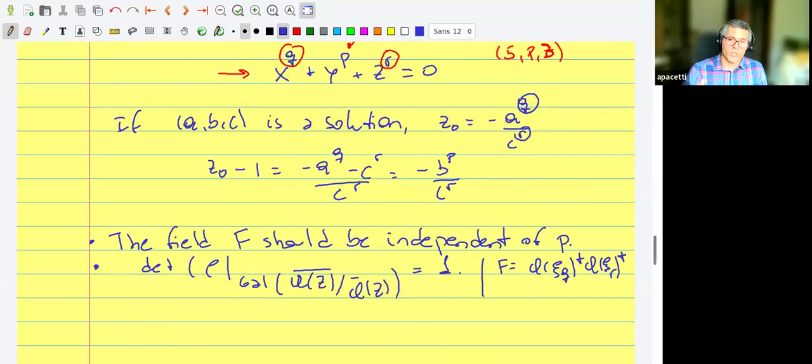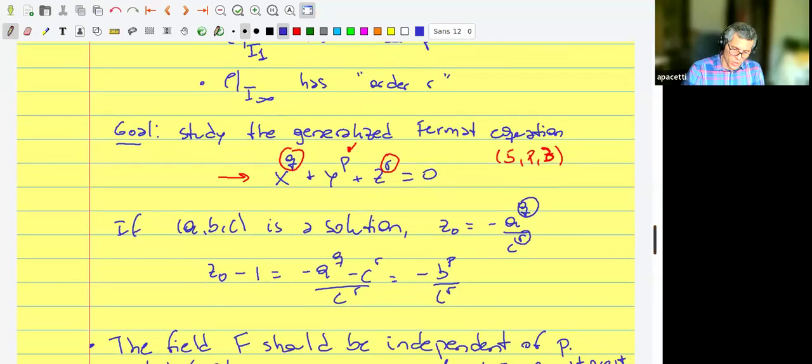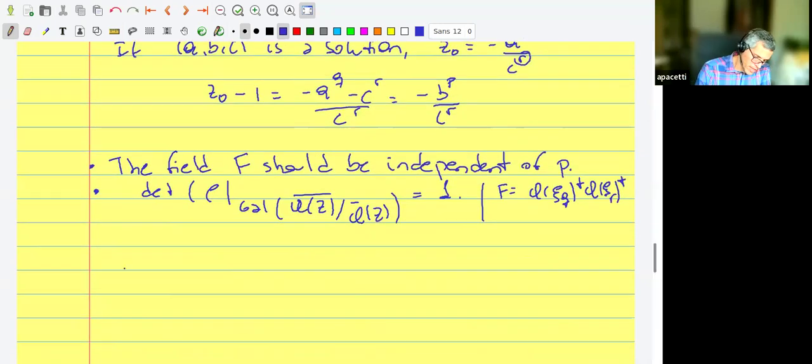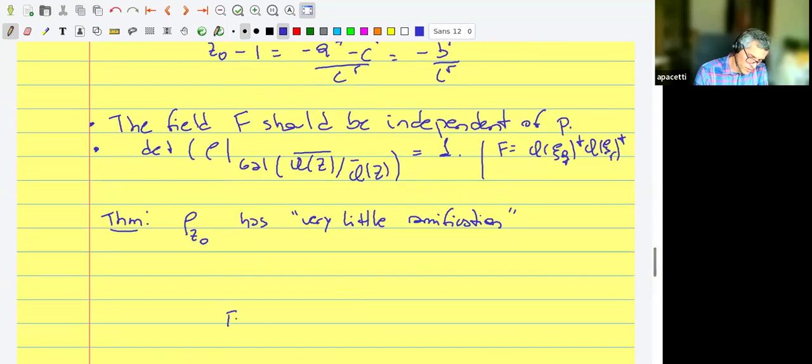Okay? So this is what Darmon proved in his article, that you can construct such a representation. And what do you want from the representations? Because under this hypothesis, the big result is that when you specialize, if this representation exists, when you specialize, a solution has, once again, very little ramification. So now it's going to be an extension of F. Here you have the kernel of this representation.